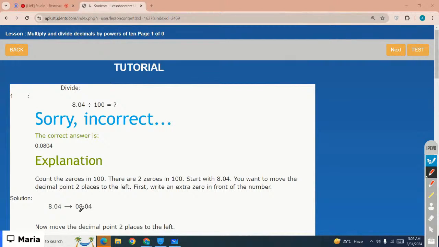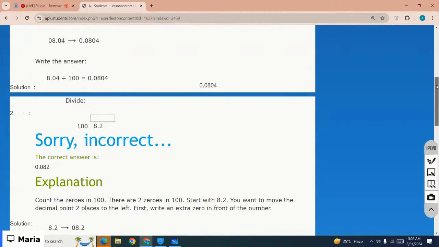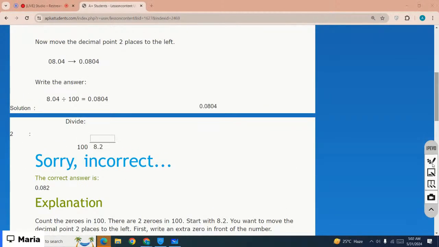But on the left hand side of the decimal point, there is one digit, that is 8. So you need to add an extra zero before 8 so that you can move the decimal point two digits left. So when you move the decimal point two places left, that would be 0.0804. Got it?